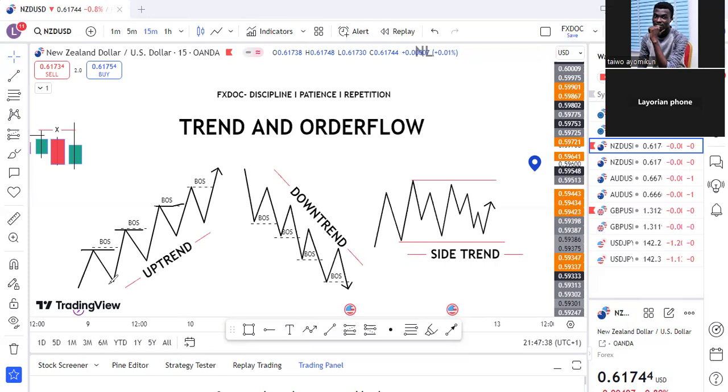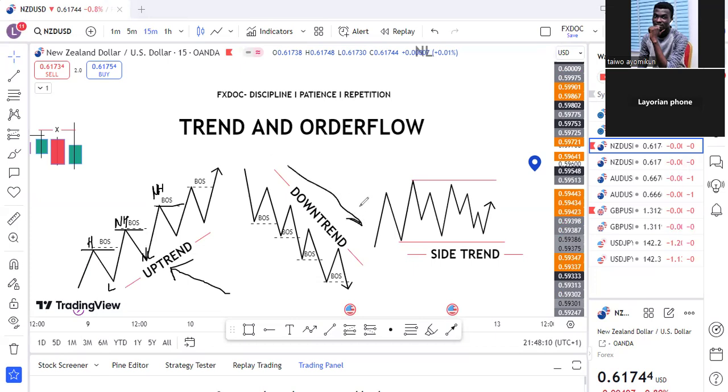So that is, this is a low, this is a high, and then we have a new high, right? And then we have a new low right here, and then we have a new high. So it's just like when you are taking the stairs to the upside. So this is why this one is called up trend, just like upstairs. Yes, up trend. And the second one we have is down trend, just like downstairs, down trend.